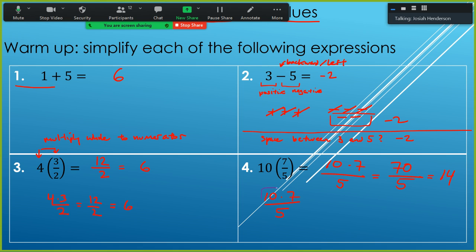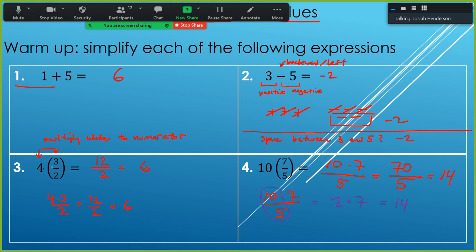And if you just focus in on the top number that is divisible by 5, 10 divided by 5, doesn't that come out to a clean answer? It's 2. So just 10 over 5 turns into a 2, and that's still being multiplied to 7, right? 2 times 7, 14. So what I did in the second version of it is simplify before doing the multiplying.